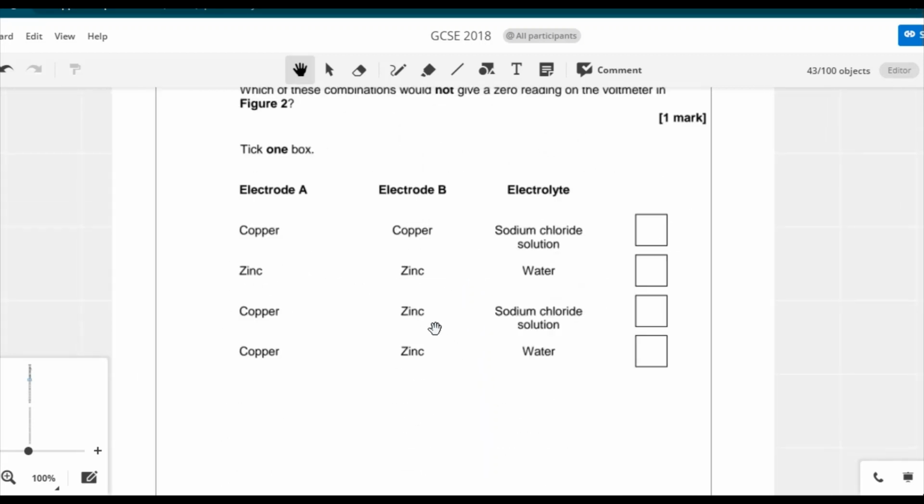In the first case, electrode A and electrode B are the same, so that will not work. In the second one, both are zinc, which is again the same. In the third one, electrode A is made of copper and electrode B is made of zinc, and the electrolyte contains sodium chloride solution. Sodium chloride solution contains ions that help to conduct electricity. So the answer will be C.